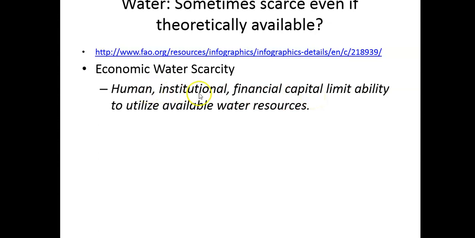The human and institutional organization is lacking, and there is not enough financial capital available to build the aquifer or the pumping stations, reservoirs, dams, piping, plumbing, et cetera, to make that resource available for people.